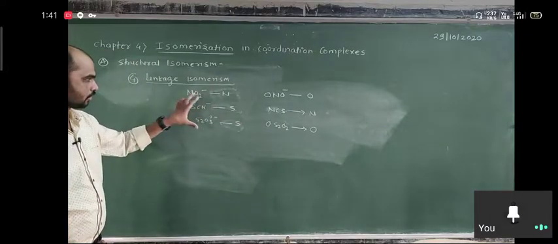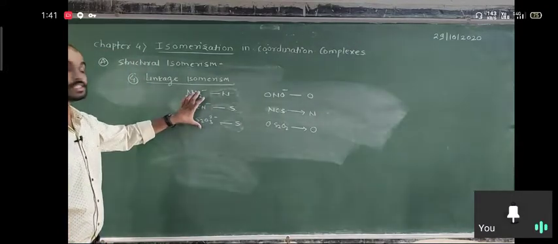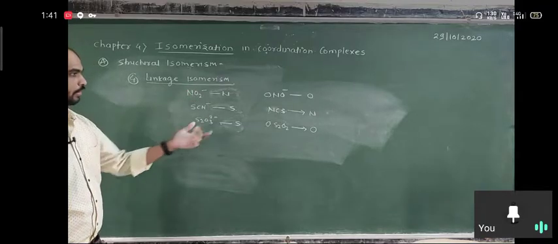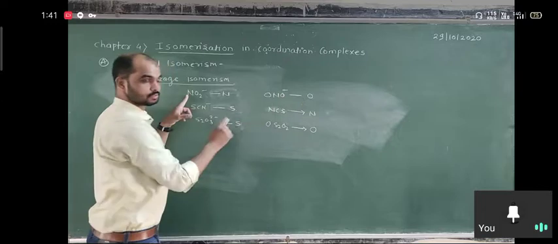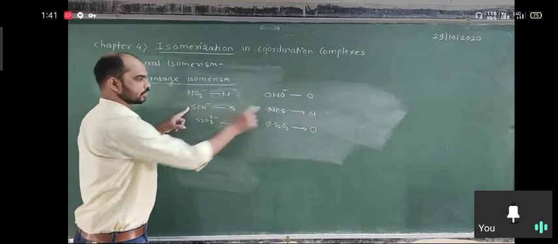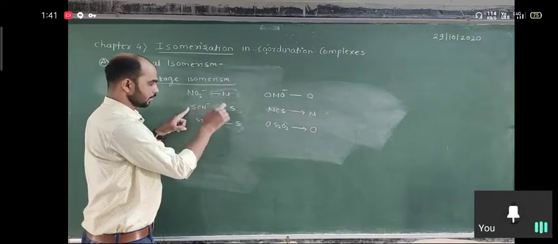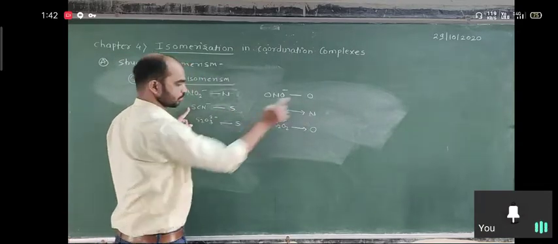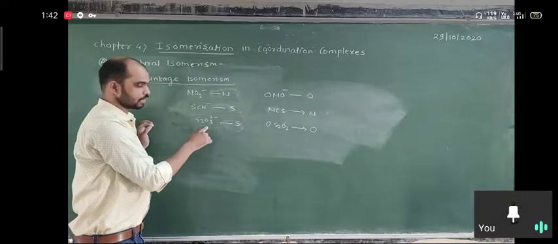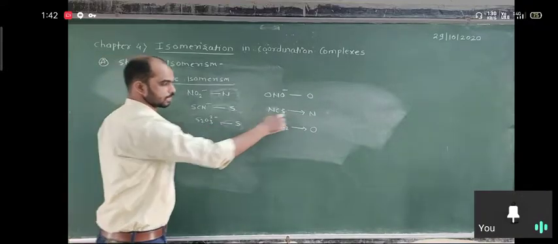So these three ligands have the tendency to donate the electron in different ways. NO2 donates through nitrogen as well as oxygen. SCN or NCS both are the same, but in the first case it donates through the sulfur, in the second case through the nitrogen. In the third case, thiosulfate donates from sulfur as well as oxygen.